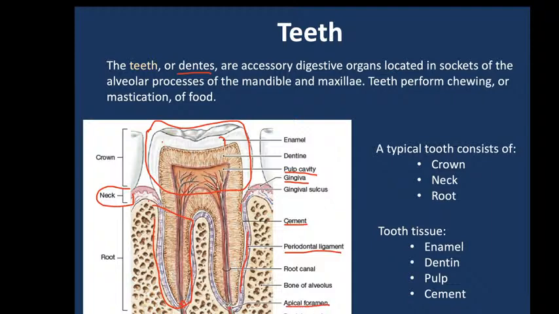Each root has a small foramen called apical one, and this is an opening at the base of root canal, through which blood vessels and lymphatic vessels and nerves enter a tooth.